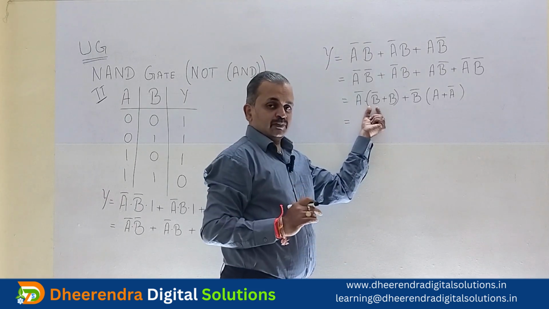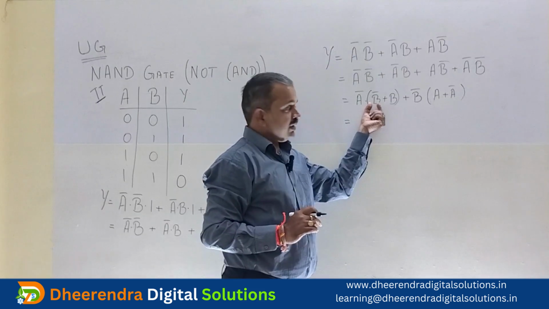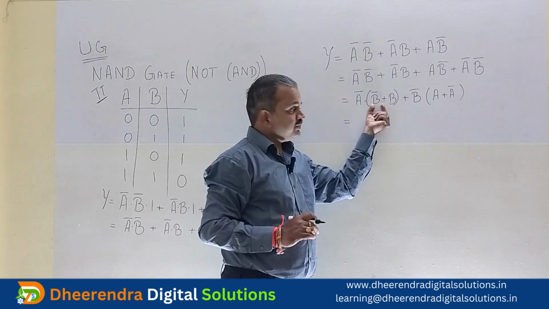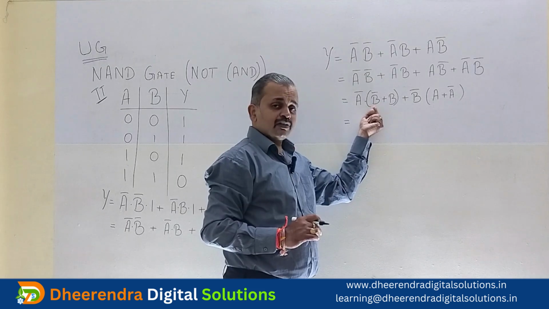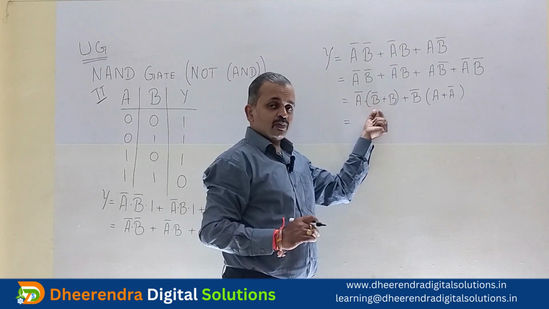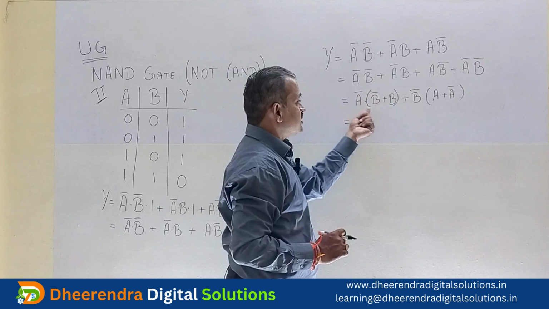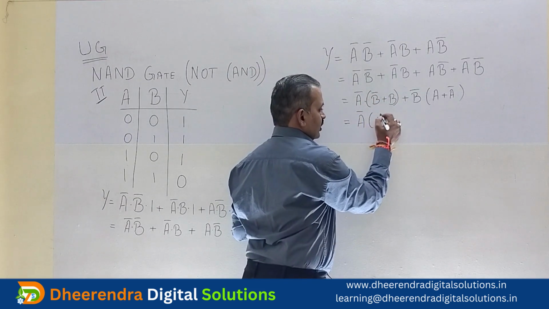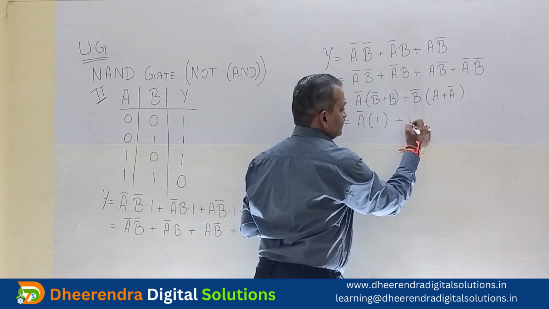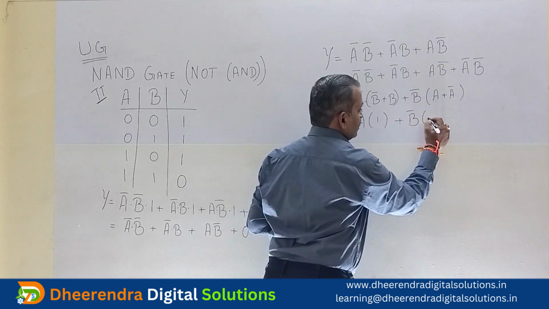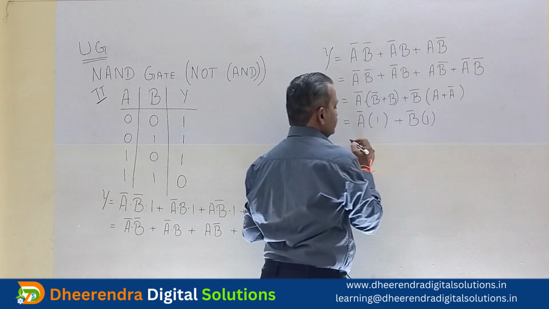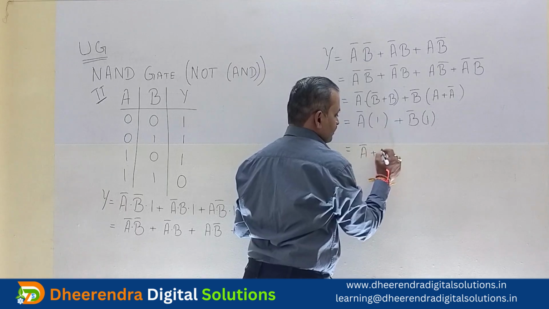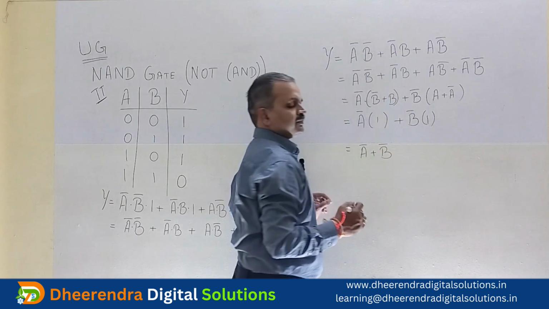If I assume that B is equal to 0, then B bar is 1. 1 plus 0 will give me 1. Similarly, if B is 1, then B bar is 0. 0 plus 1 is also 1. So invariably this term becomes 1. So we get A bar dot 1 plus B bar dot 1, which is equal to A bar plus B bar.